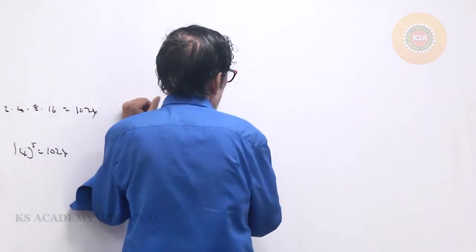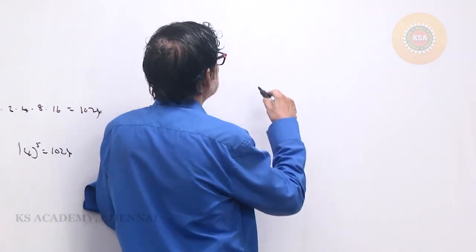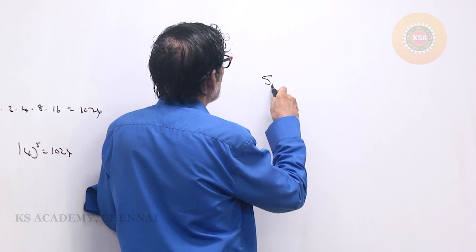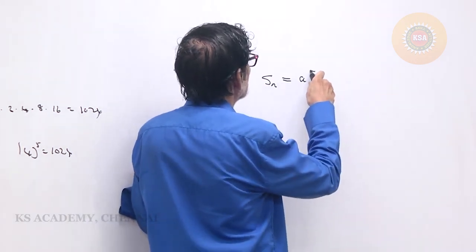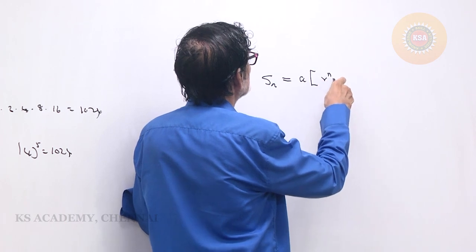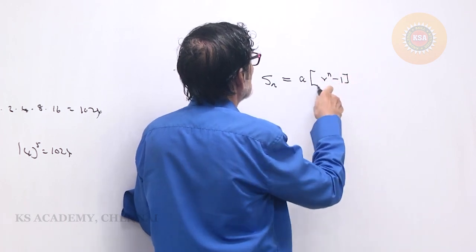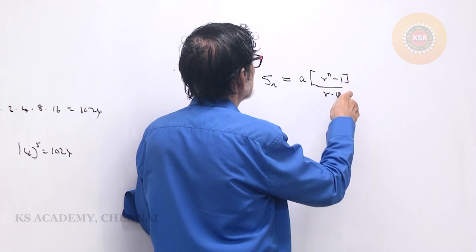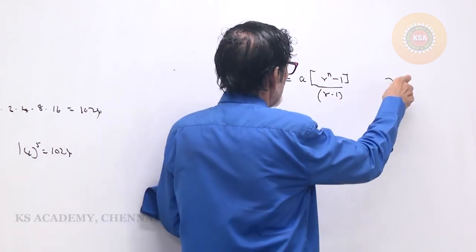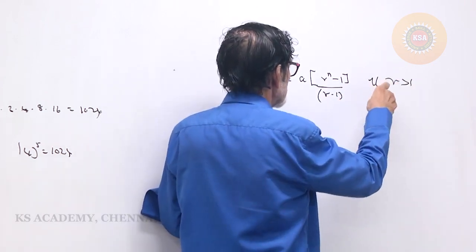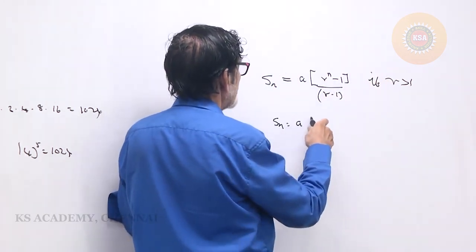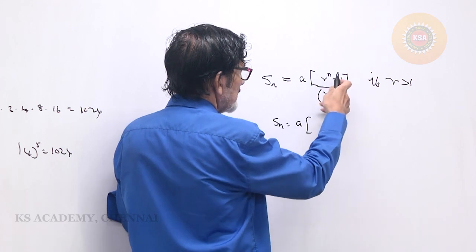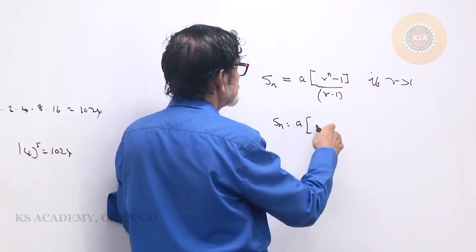The important thing, in the side I will write: Sn is equal to... you have to interchange, one will come or will go.